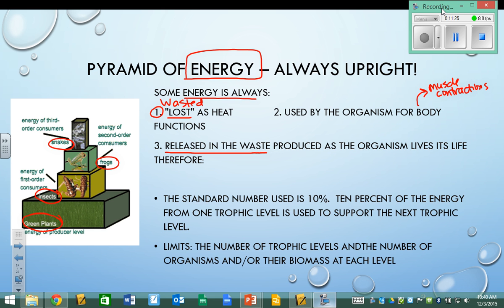So like I said, the standard number is 10%. About 10% of the energy from one trophic level is used in the next one. So regardless of the numbers that you have, I'm going to make a ridiculous number so I can show you. Let's say that that bottom level has 6,827 joules. Capital J is the symbol for joules.